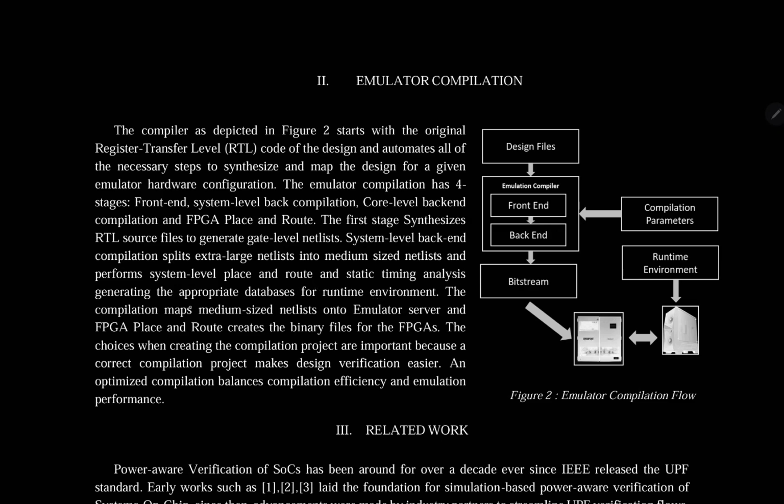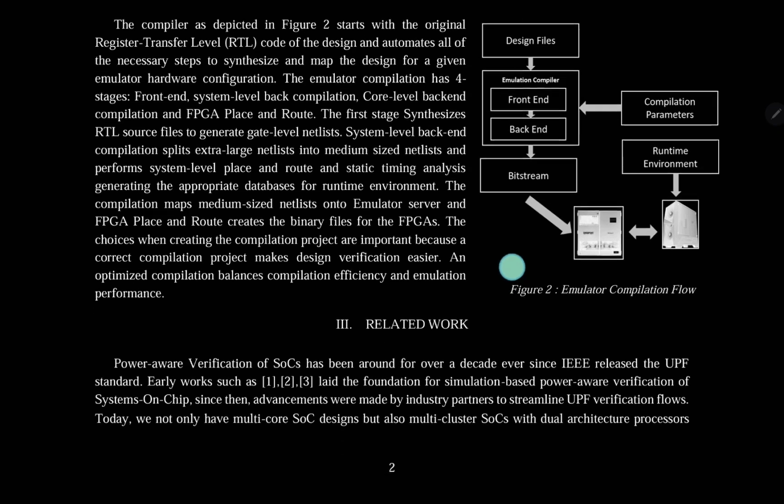The core-level compilation maps medium-sized netlists onto the emulator server, and FPGA place and route creates the binary files for the FPGAs. The choices made when creating the compilation project are important because the correct compilation project makes design verification easier. An optimized compilation balances the compilation efficiency and emulation performance. Figure 2. Emulator compilation flow.